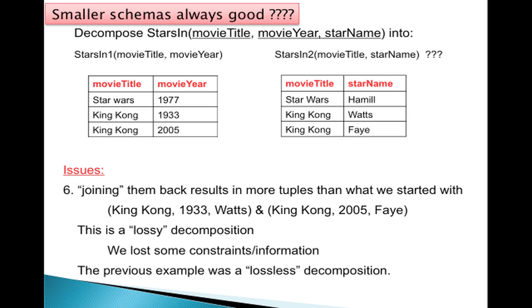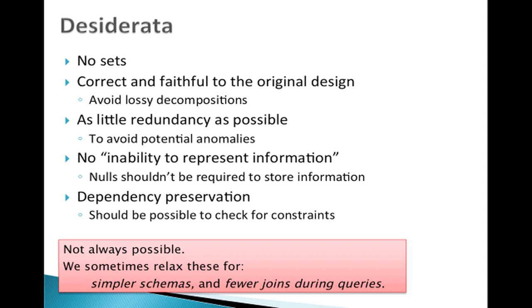And lossy decompositions are not just a performance problem, they're just wrong because we are representing wrong information at this point. Okay. So some desired properties that we want from our schemas: we don't want sets. Sets are problematic. We want the schema that we have to be faithful to the original design, and in particular, we need to avoid lossy decomposition. We want as little redundancy as possible. There should be no need to use nulls to store information as much as possible.